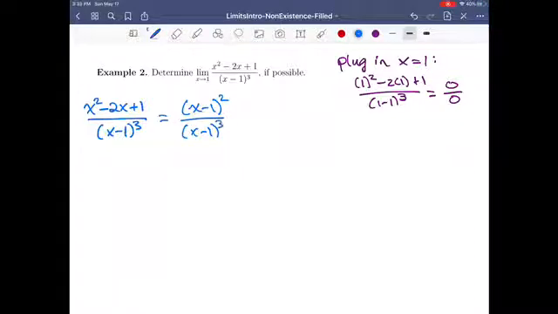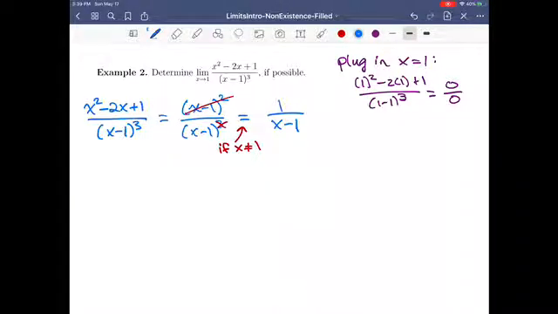Now I can cancel 2 of these with 2 of those on the bottom. Now this is only true if x is not equal to 1, because you can't cancel 0 over 0. But we want the limit as we go to 1, so we are never really going to plug in 1. We want what's happening as x is close to 1. So we're allowed to simplify to 1 over x minus 1.